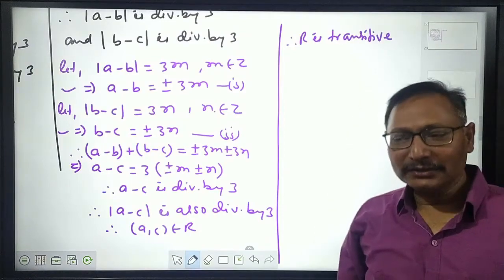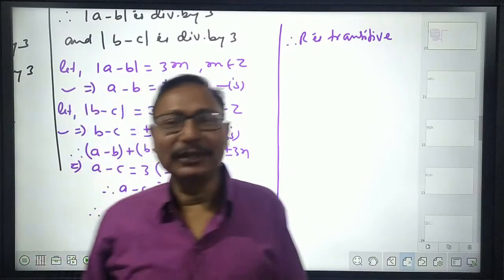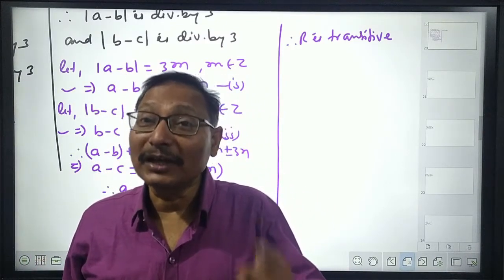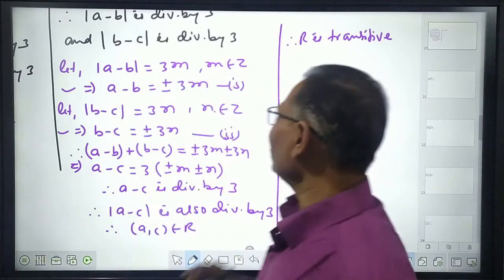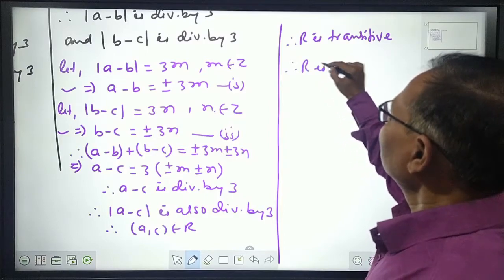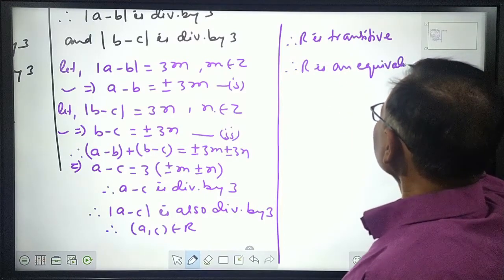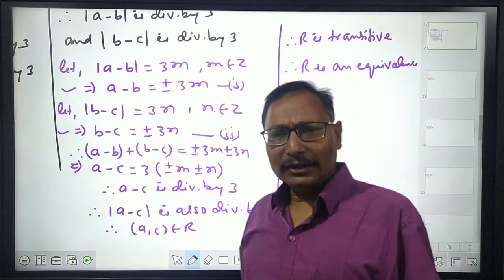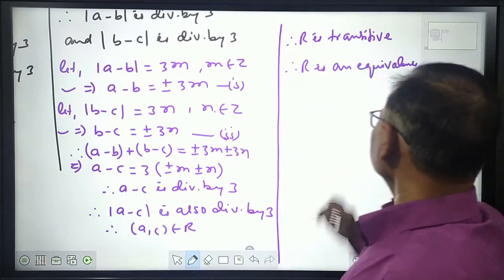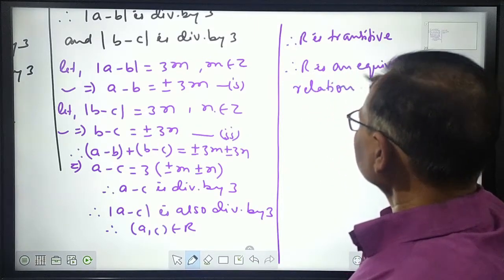And if R is reflexive as well as symmetric and transitive, then we say that this relation is an equivalence relation. Therefore, R is an equivalence relation. Equivalence relation means a relation which is reflexive, symmetric and transitive, all these three.